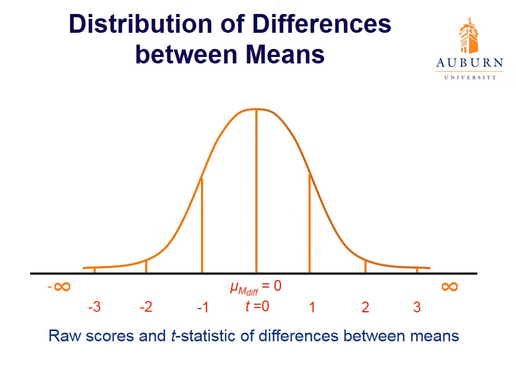So at that same point, the t statistic for our distribution is a t of 0. And then we extend in both directions in terms of standard error, in both the positive and the negative direction. And so that's where we get our values of 1, 2, and 3, and negative 1, negative 2, negative 3. If I have a negative 3 in my t statistic, what I'm saying is 3 standard errors below the difference between the means of my two groups.